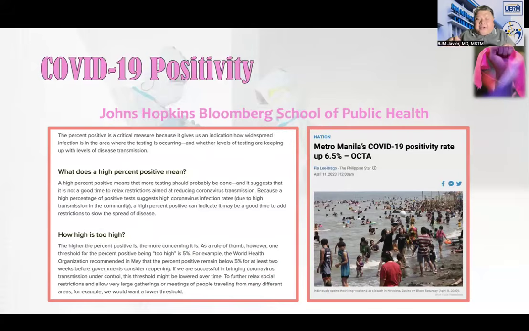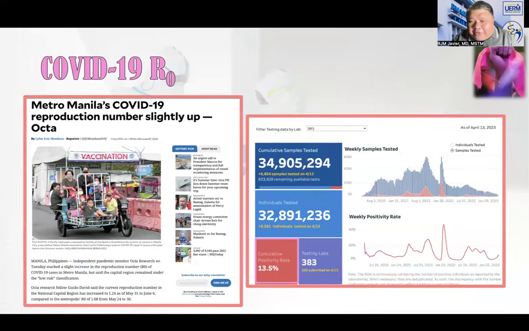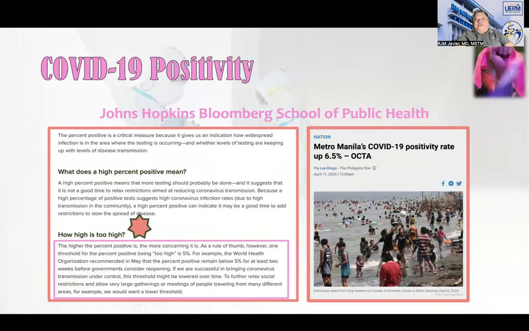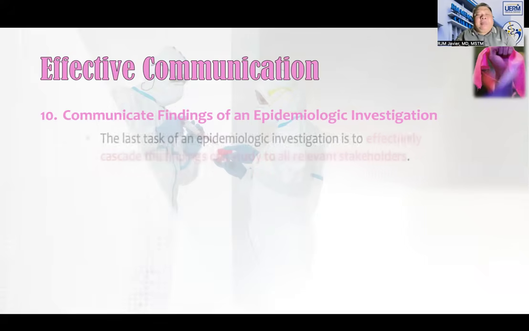Look at the increase. April 11, 6.5% according to Okta, then according to DOH, April 13.5% positivity. So just to give you a glimpse of how our government back then addressed the COVID-19 pandemic. Was the government successful? You be the judge, but I'm presenting to you the data.